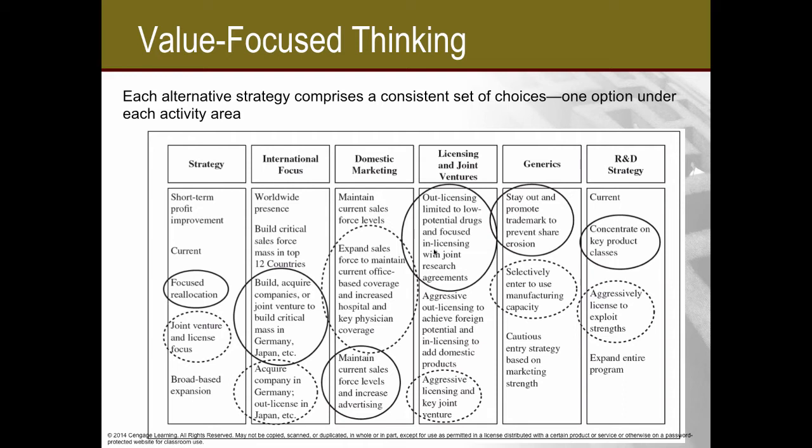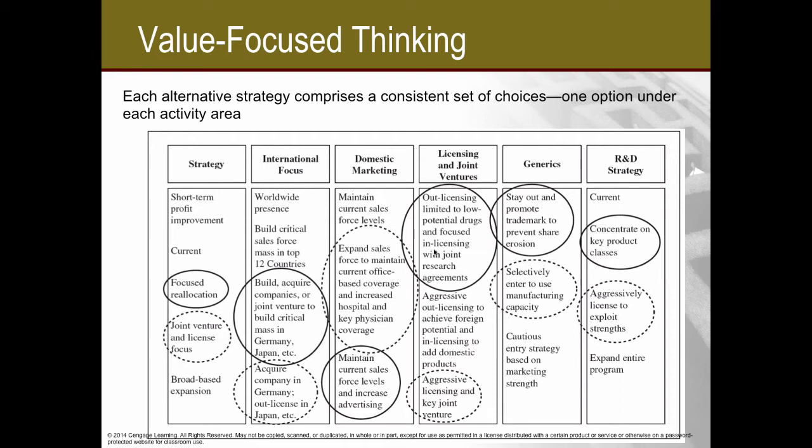And then the international focus, where we can have worldwide presence, build a critical sales force mass in the top 20 countries, 12 countries. We can acquire companies or joint venture to build critical mass in Germany, Japan, etc. And so on. And the next column is domestic marketing.